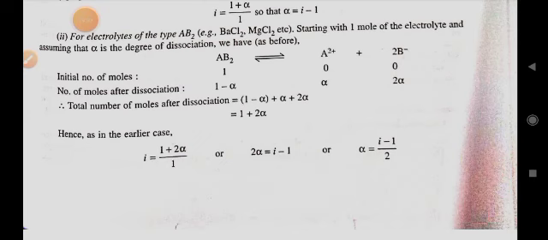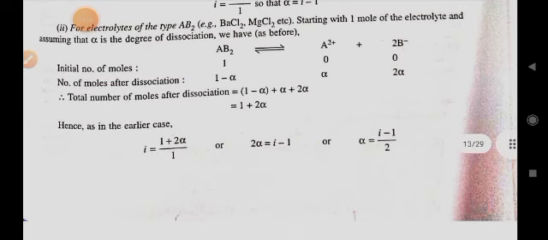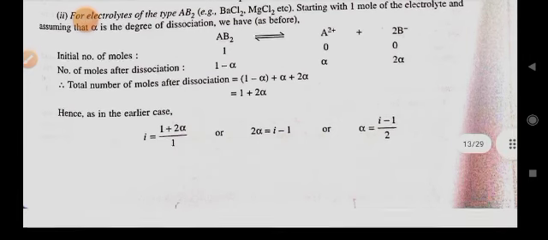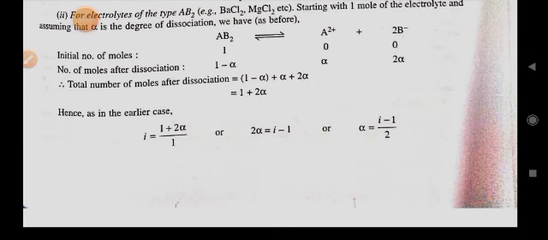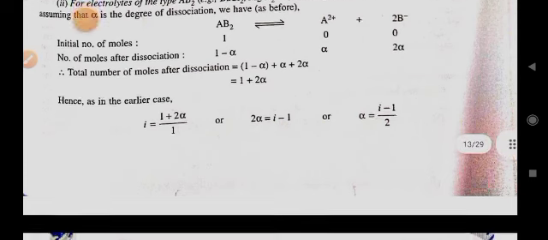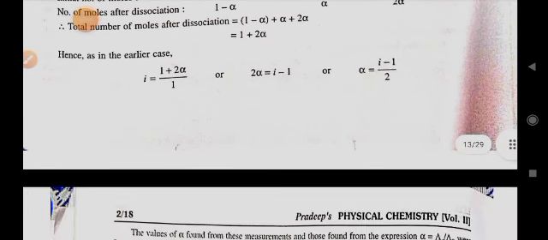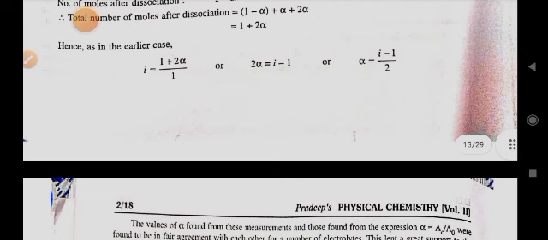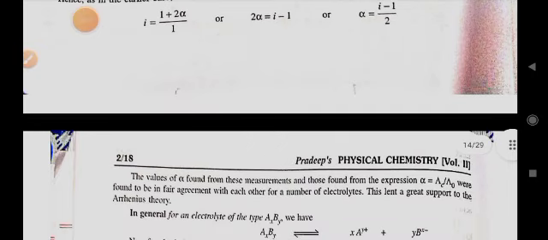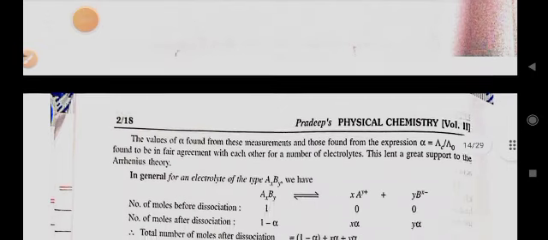Number of moles after dissociation for AB2 is equal to 1 minus alpha, and for A2 positive and 2B negative is equal to alpha and 2 alpha respectively. The total number of moles after dissociation is equal to 1 minus alpha plus 2 alpha, which is equal to 1 plus 2 alpha. Hence, as in the earlier case, i is equal to 1 plus 2 alpha upon 1, or 2 alpha is equal to i minus 1, or alpha is equal to i minus 1 upon 2.